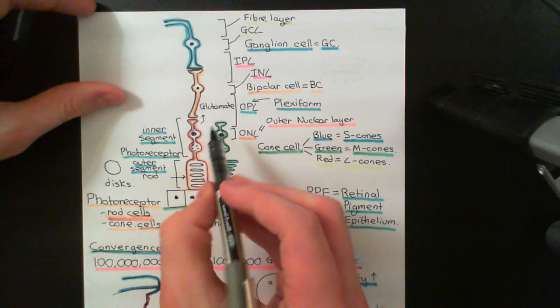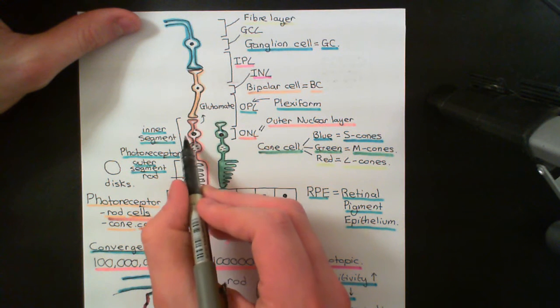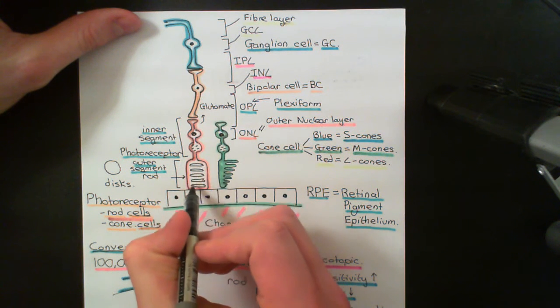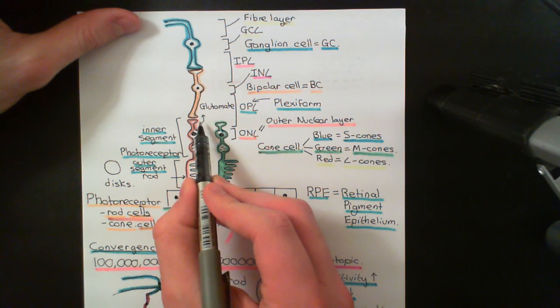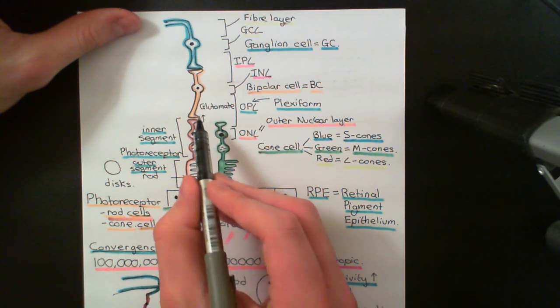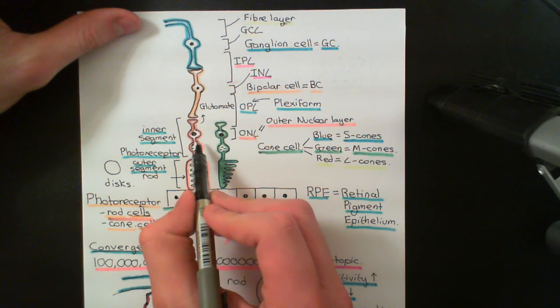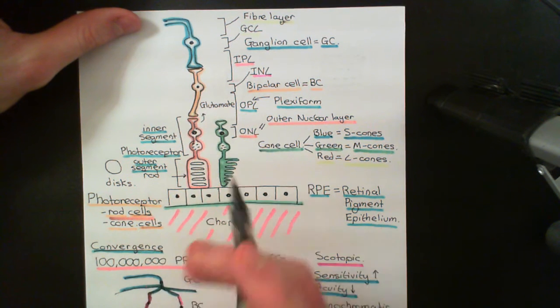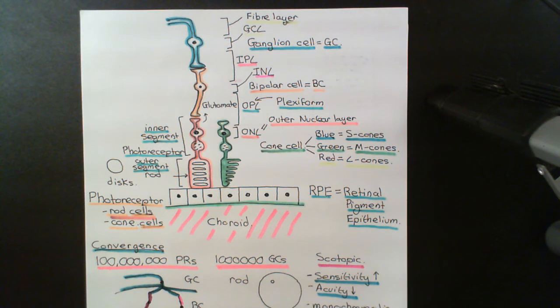Now, when the rod cell membrane becomes hyperpolarized because light has activated the rod photoreceptor, the rod photoreceptor will start releasing less glutamate onto the bipolar cell. So glutamate release is actually going to go down in response to activation. And you might think that that's really bizarre because glutamate is a major excitatory neurotransmitter within the brain.